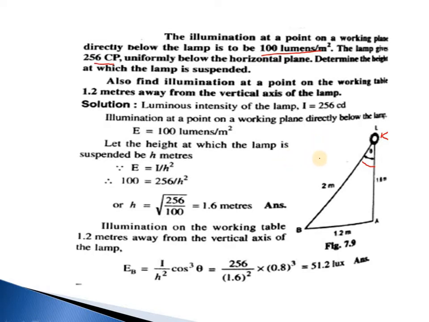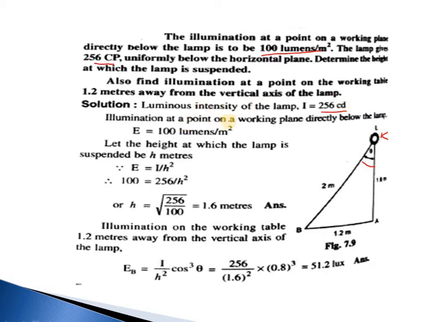So let us start. The luminous intensity of the lamp is I equals 256 candle power.